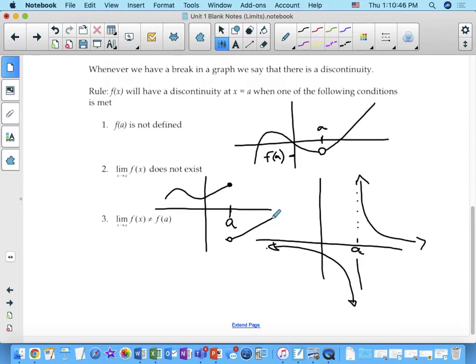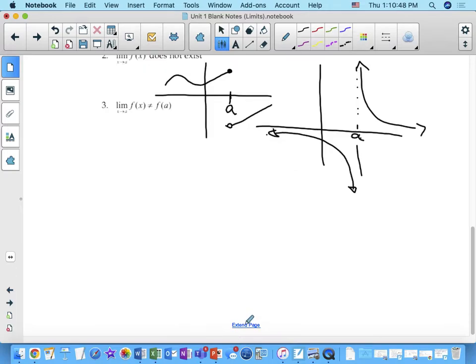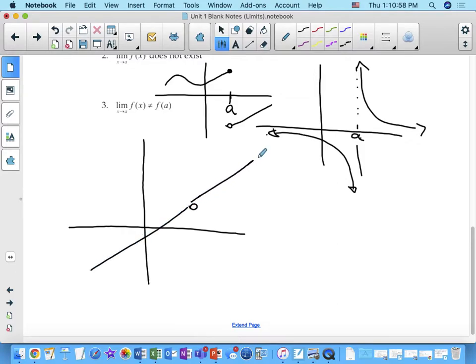So that's where you might see something like this, where, let's say there's a hole here, and then this is a, but the point is down here.